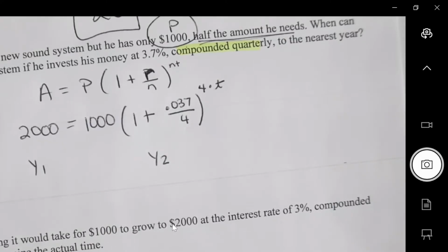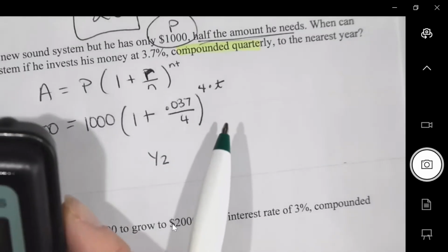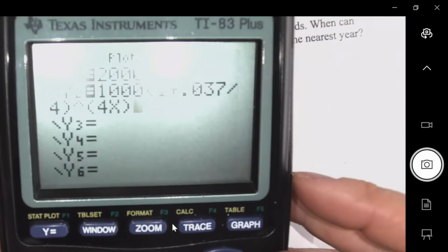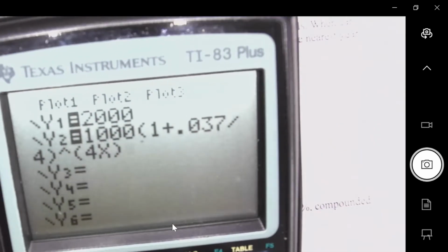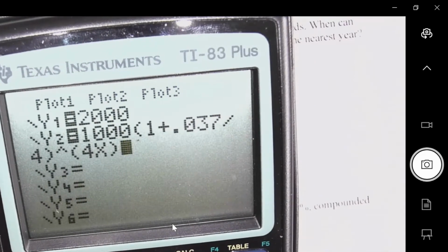Okay, I'm going to tell you something very important about your calculator.